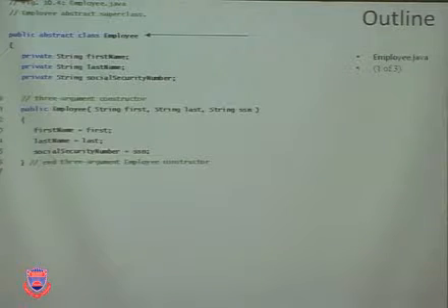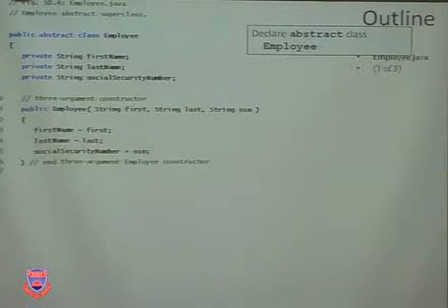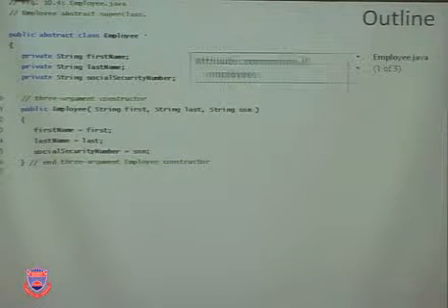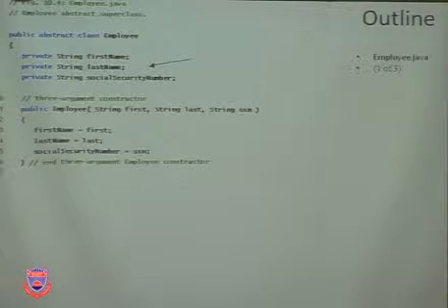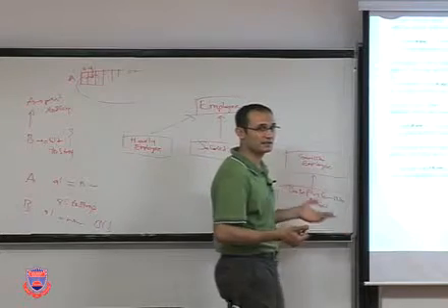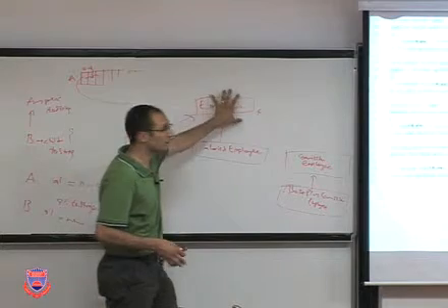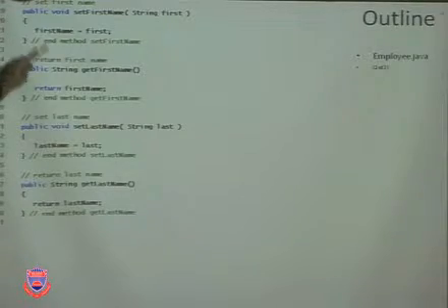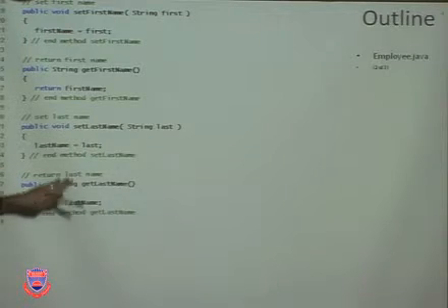As you see, you declare the abstract class at the beginning of the whole thing. Actually, this was supposed to stop there on my computer, but it doesn't stop here. For some reason, it just vanishes. So the common attributes are listed here. It has all the arguments initialized, and then you have the common methods that are part of the employee class. What are the common methods? You have set first name, get first name, set last name, get last name.